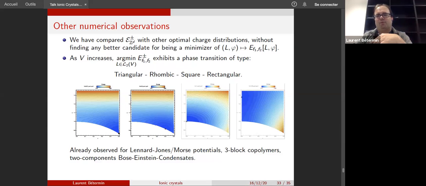So you have this 12 and this 6 normally: 1 over r to the power 12 minus 1 over r to the power 6. This 6 corresponds to the van der Waals force between neutral atoms, so normally it's for completely neutral atoms. And this 12 is something which has been chosen arbitrarily, such that things work well when you compute.